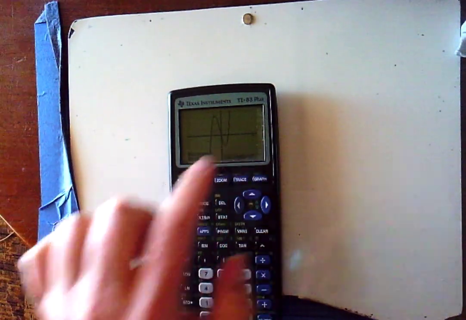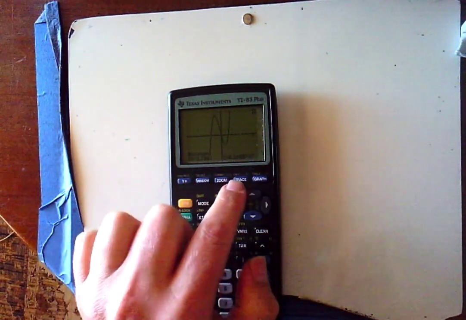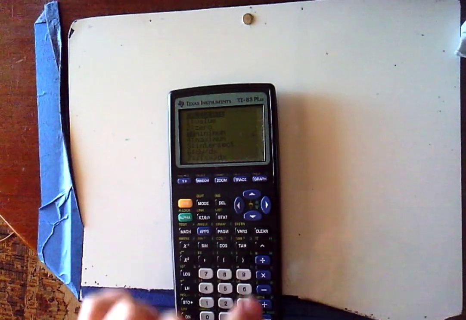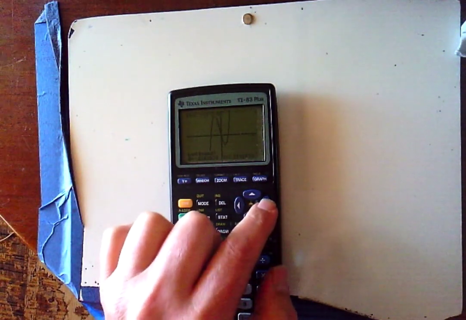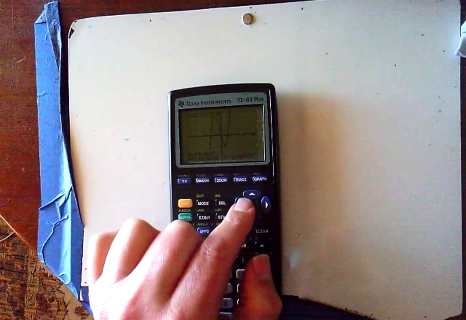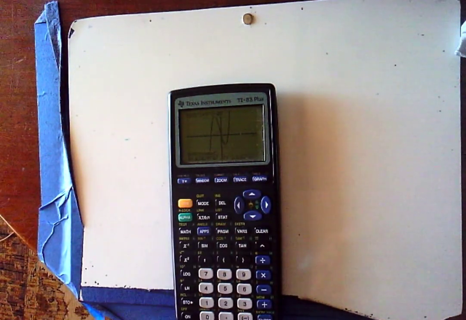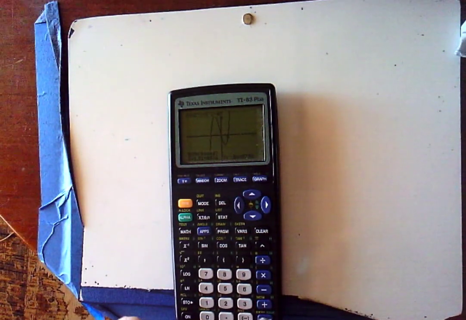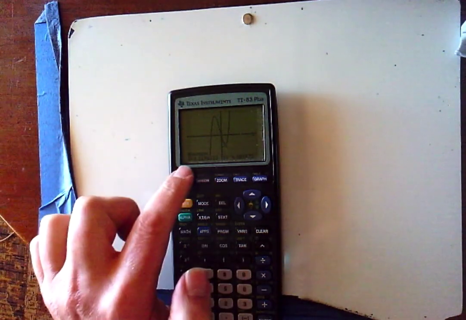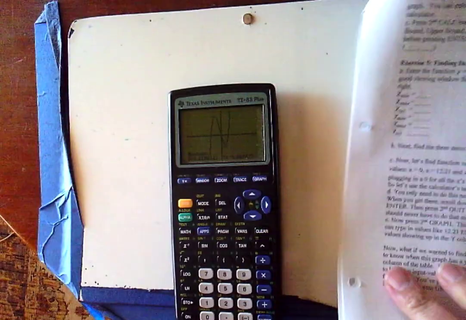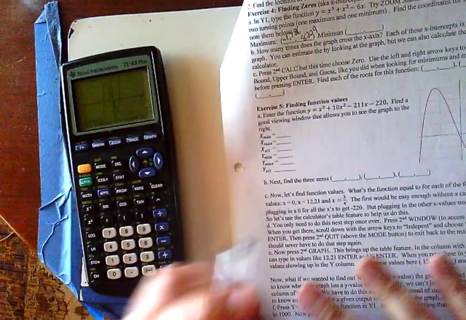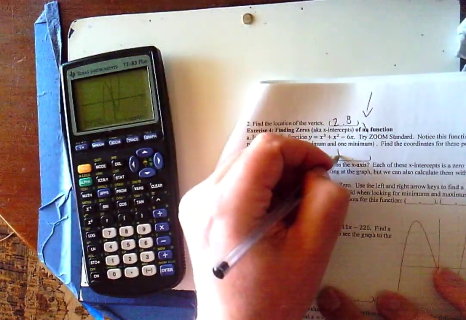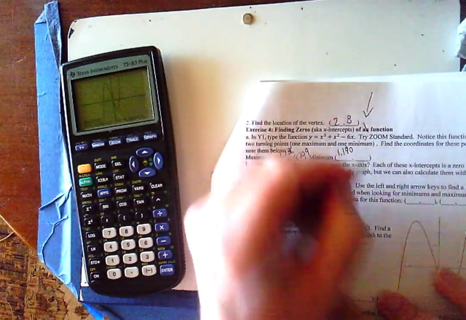Now, we still need to find this minimum, so I'm going to go back to second, calculate, and choose minimum now, and move my cursor closer to the left side of that minimum. I'm going to hit enter. I'm going to move my cursor to the right side of that minimum and hit enter. Do I want to guess? No, so I'll hit enter again. And I see 1.190.